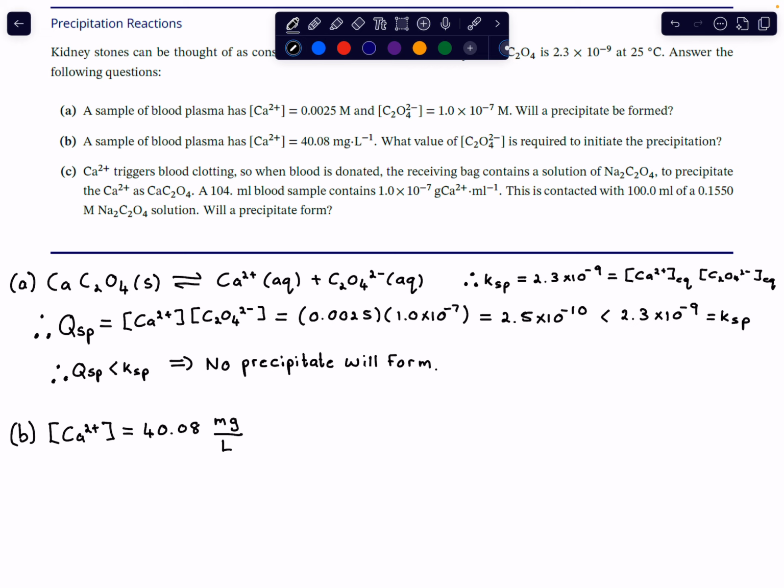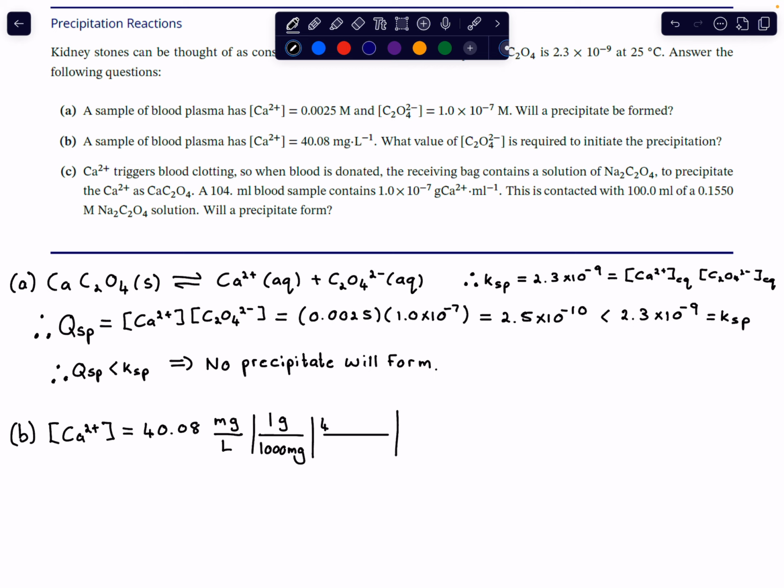So we're given milligrams per liter, and that means milligram calcium per liter. So we can take that to molar, saying there's 1 gram in 1,000 milligram, right? And then we convert grams to moles.